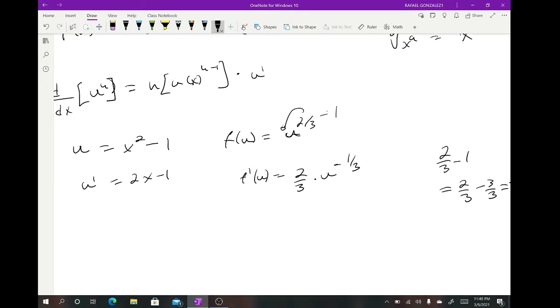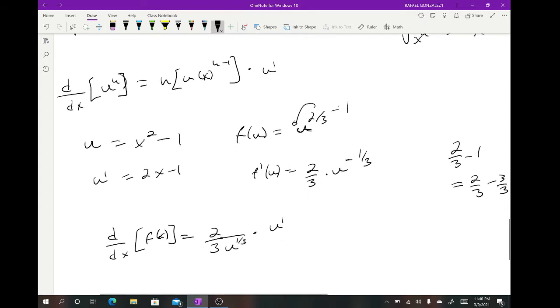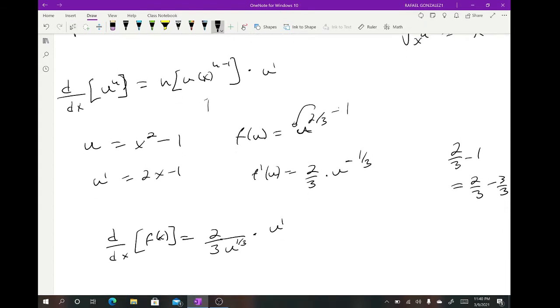Now we can actually find the derivative. So d dx of f of x is equal to 2 over 3 times u to the negative 1/3 times u prime. That's basically what this says. Okay.